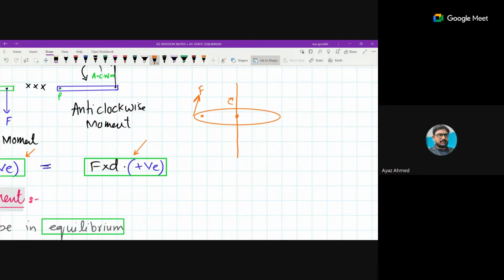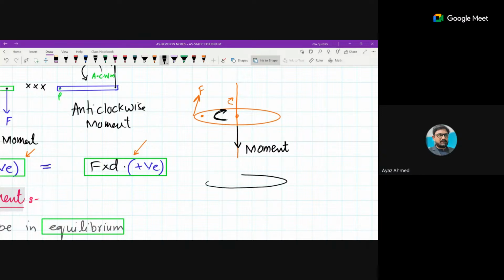Then you have to follow the right hand grip rule. So when we apply the right hand grip rule, it would cause the turning of this body in a clockwise direction, and due to that, the movement will be in the direction of your thumb. The movement will be here along the axle. Remember this thing. This is the direction of the movement.